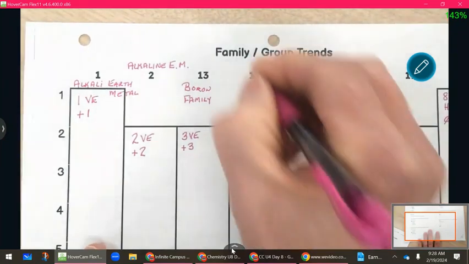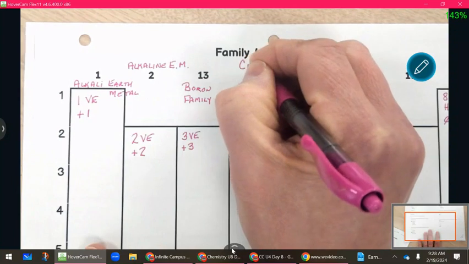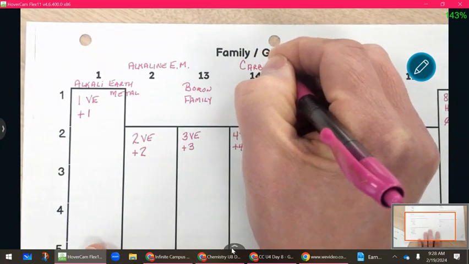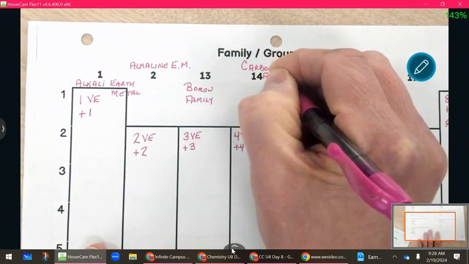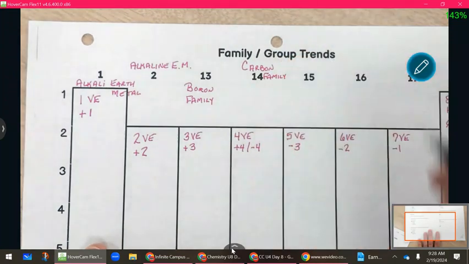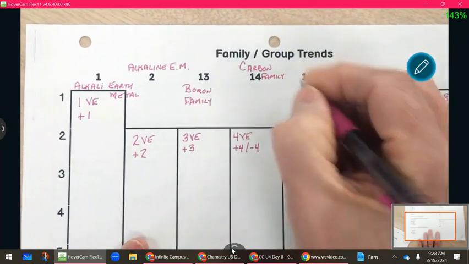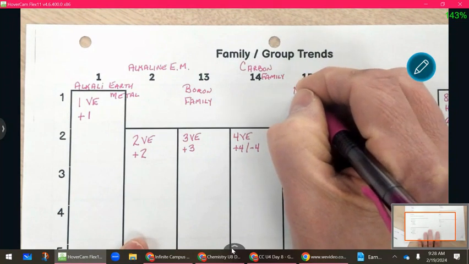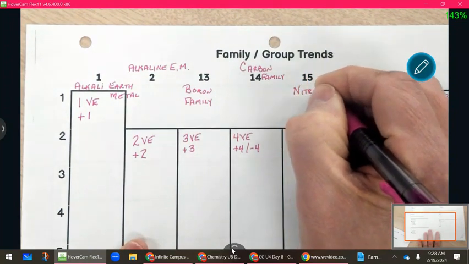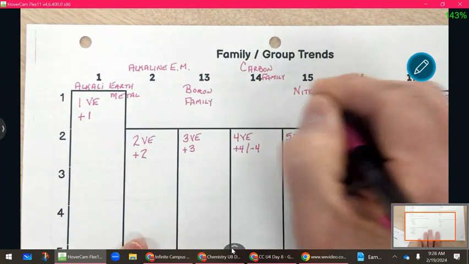Group number 14 is called the carbon family. Group number 15 is called the nitrogen family.